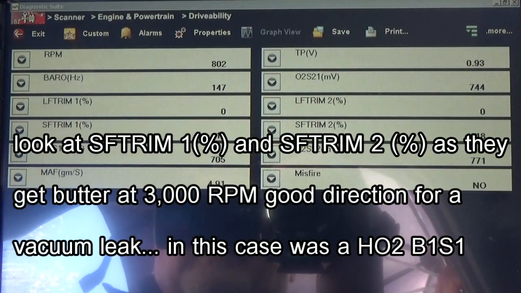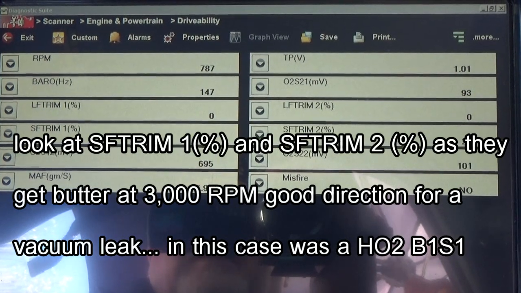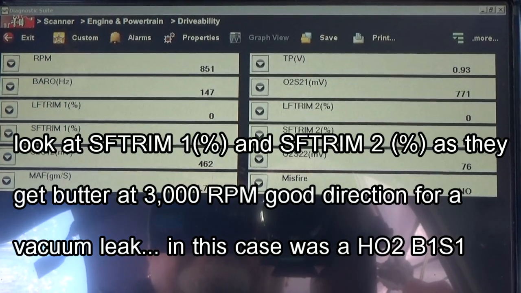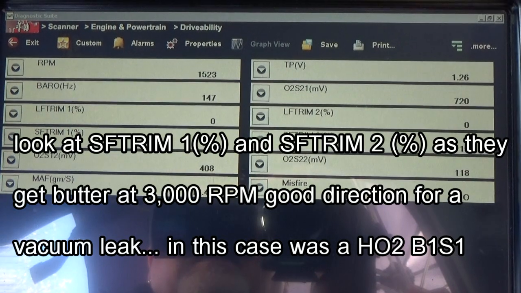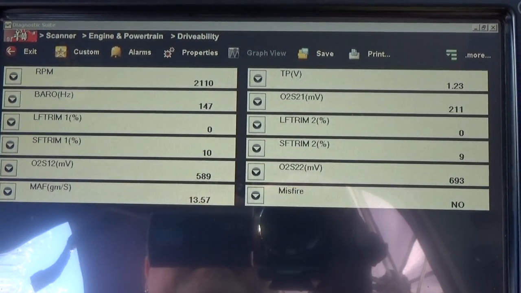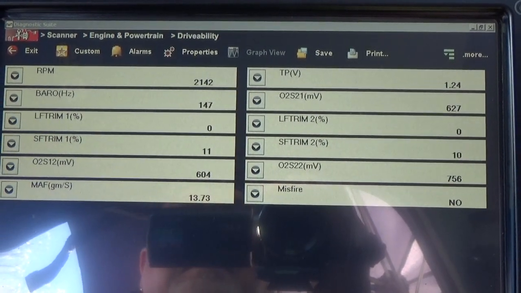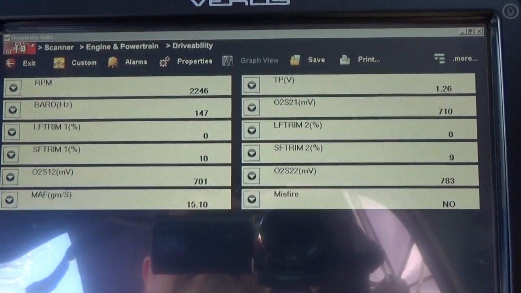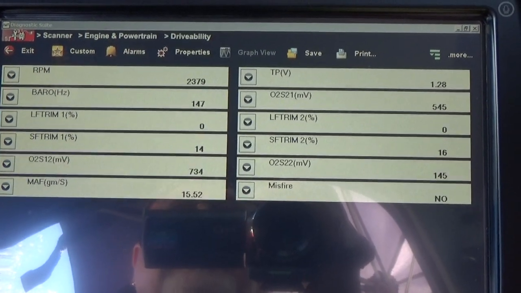Okay, sorry for the glare, but I want to see the fuel trim numbers when I raise the RPM, like 2000 RPMs, to see if my fuel trim changes.